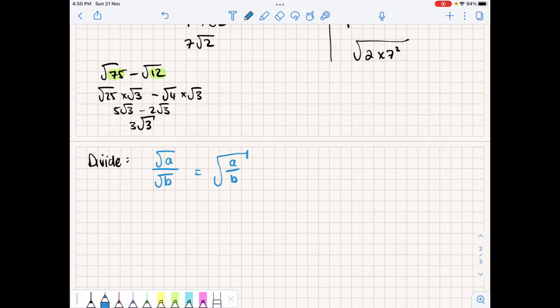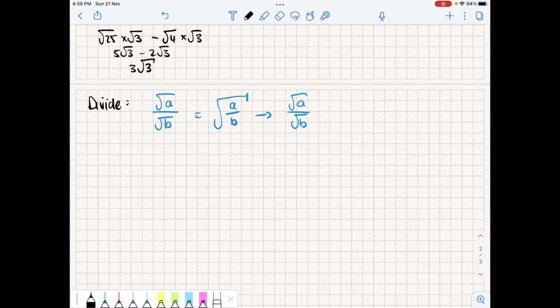So we can again work this backwards, where if we had these two numbers under the surd, we could split them up into their two different factors.